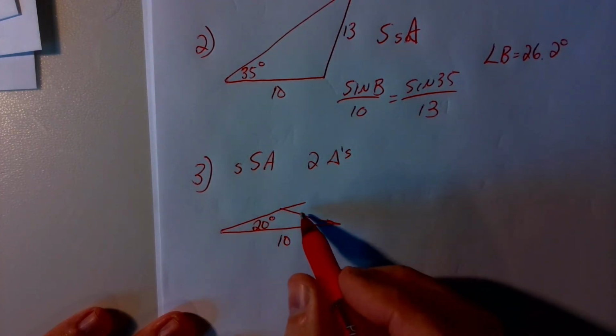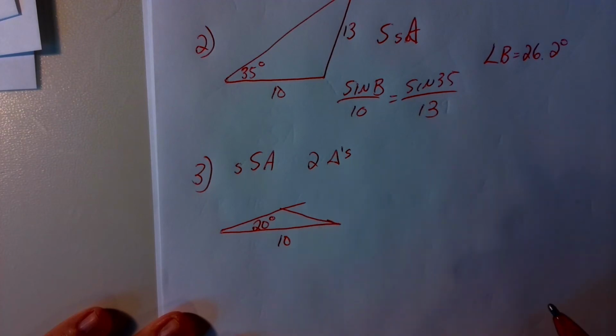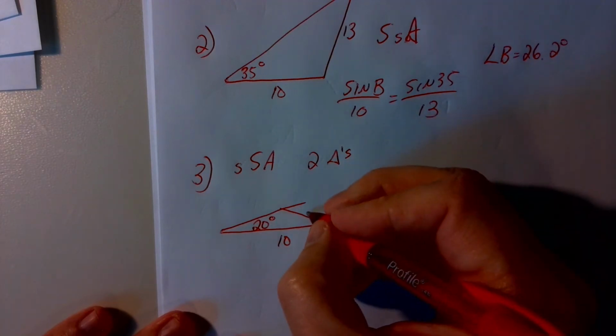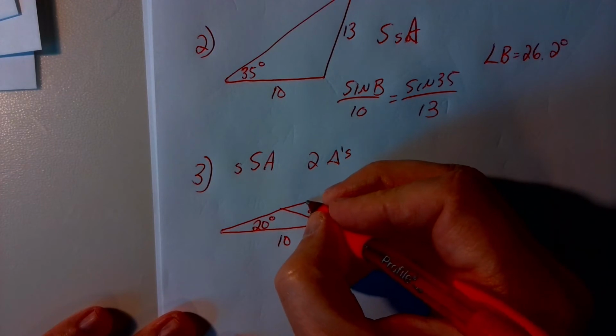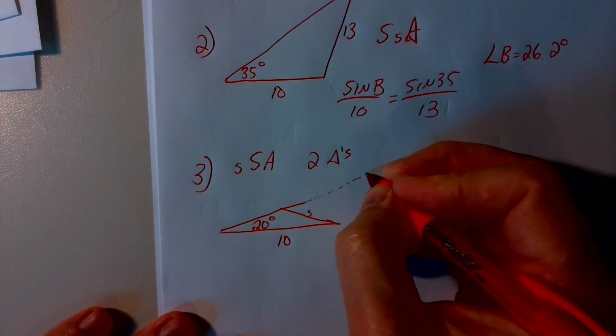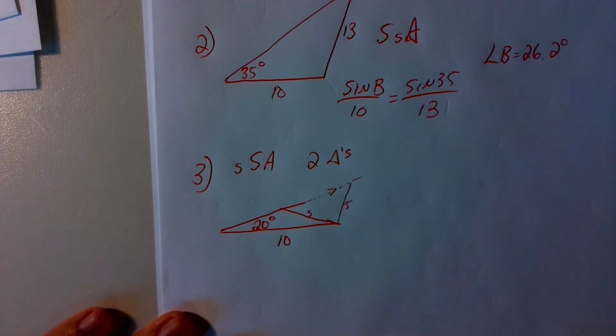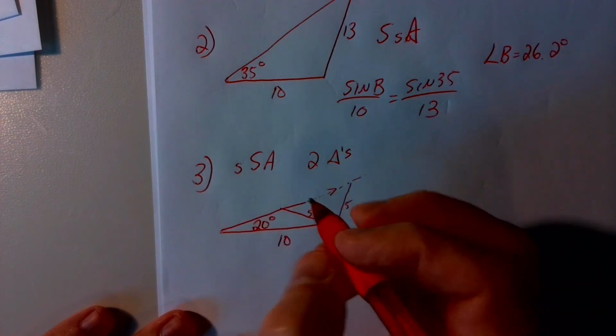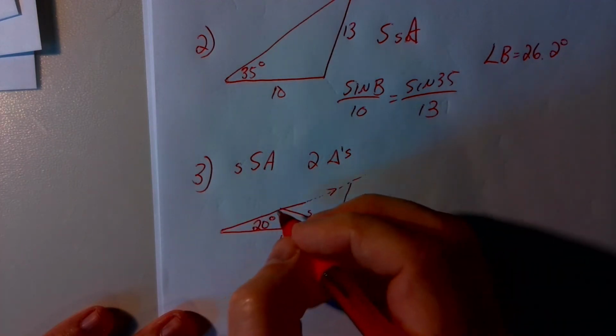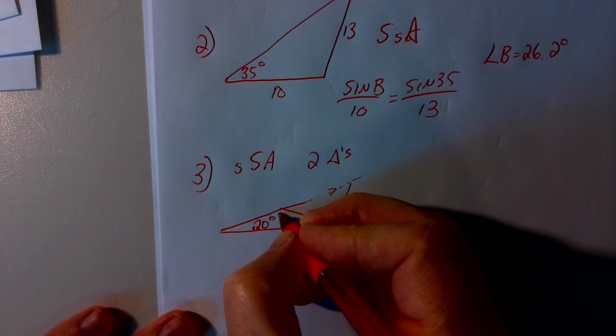And if that's 10, then that's probably 5. Which means if I extended this out here like this, then I could probably have another 5 that goes out there like that. And you can see that I can get two different triangles with this. Okay? So I'm going to go ahead and do the first one and see how this works out for us. We're going to try and find that angle right there.